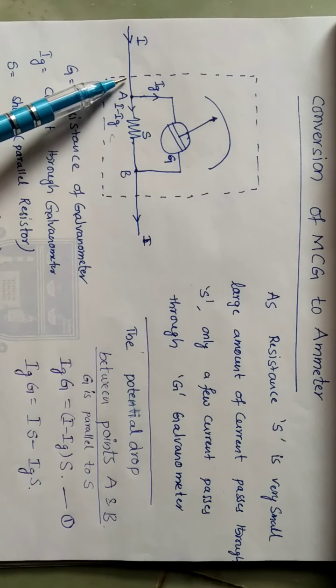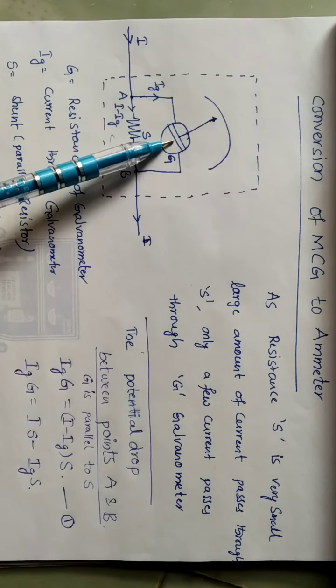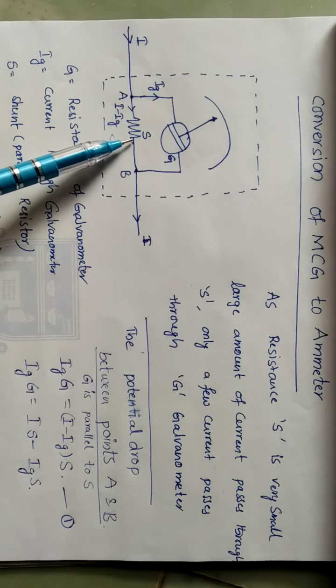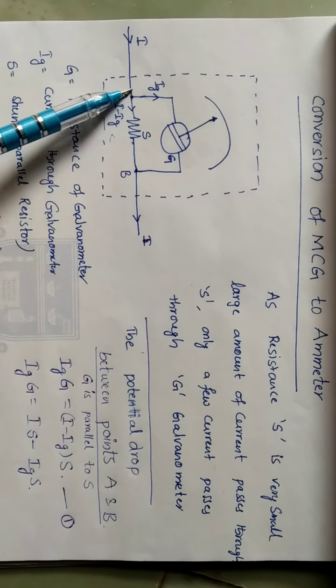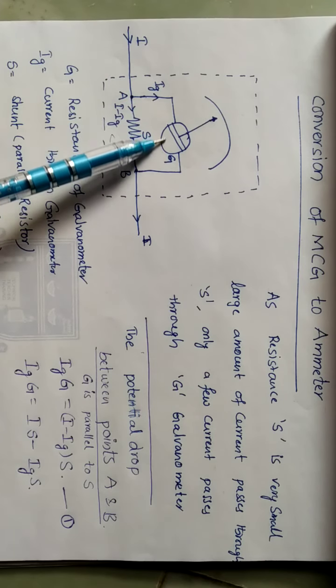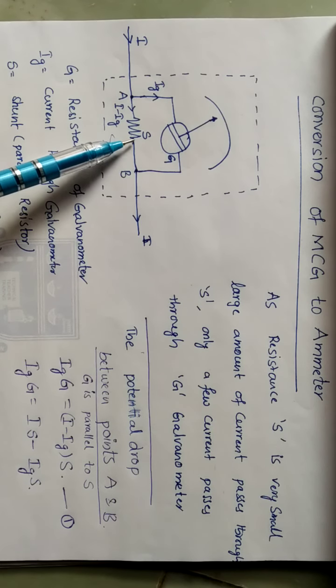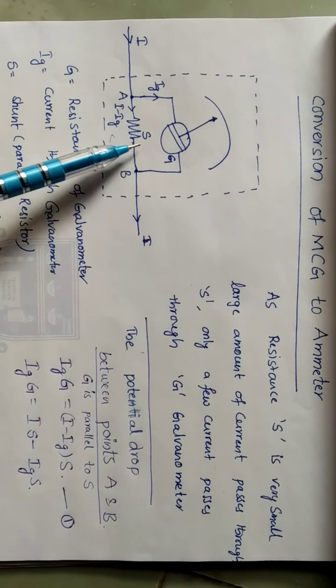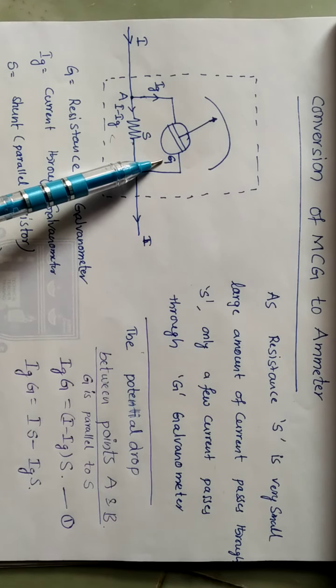As the current comes to the point, a small amount of current Ig flows through the galvanometer and the remaining large amount of current flows through S. Ig is the current flowing through the galvanometer, and I minus Ig is the current flowing through the resistor S. G is the galvanometer resistance.